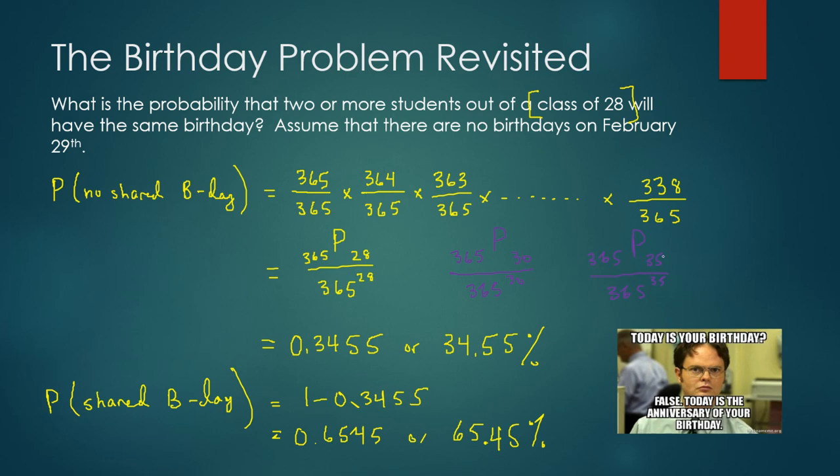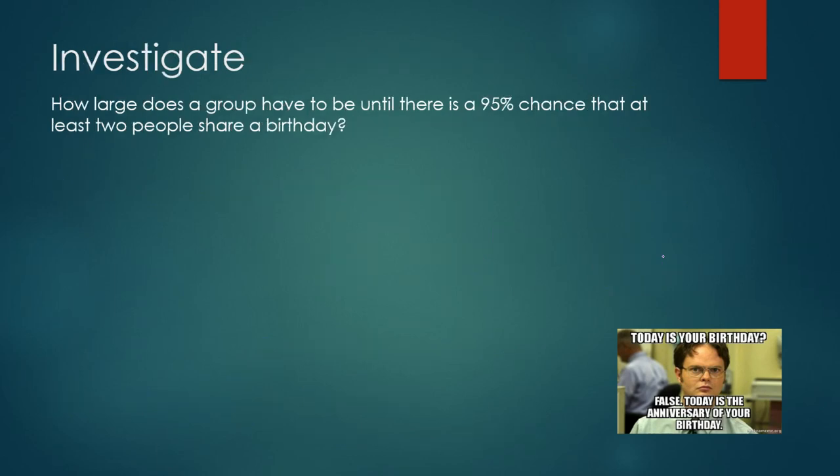The last thing for you guys to try is how large does the group have to be until there is a 95% chance that two people share a birthday? So obviously it's more than 28. But why don't you try, maybe try 30, try 35, see if you can figure that out. Maybe pause the video. To maybe give you a little shortcut here, I'll keep my purple pen.